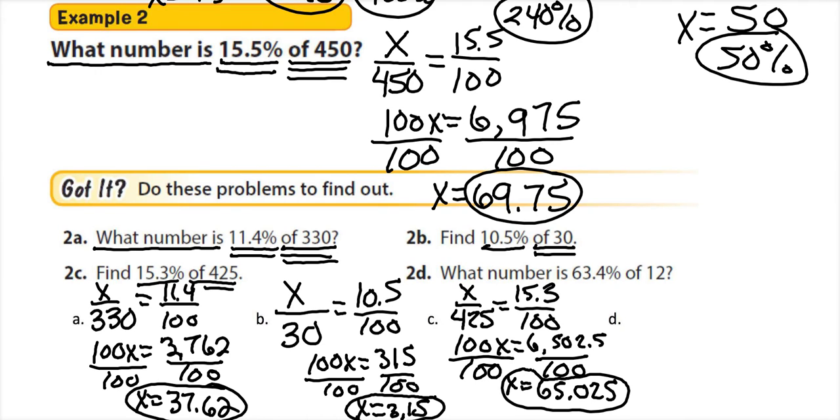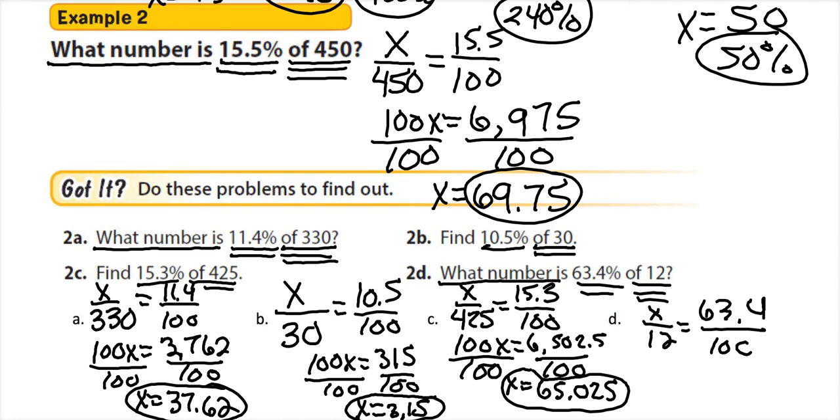Letter D then. So we have what number is 63.4% of 12? So in this case, we will have is over of. It says what number is. So that's our x. Is over of, so that would be x over 12 equals, and then percent, so that's 63.4 over 100. All right, we'll have 100x.